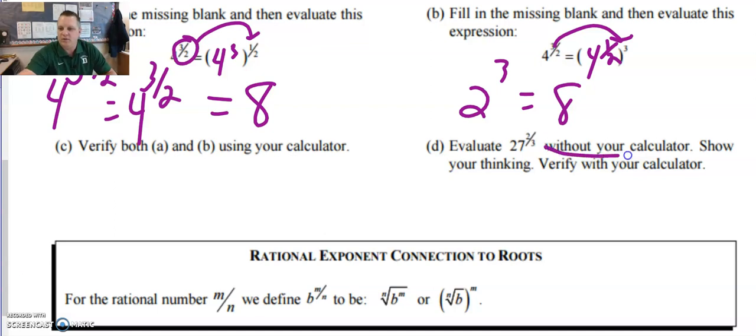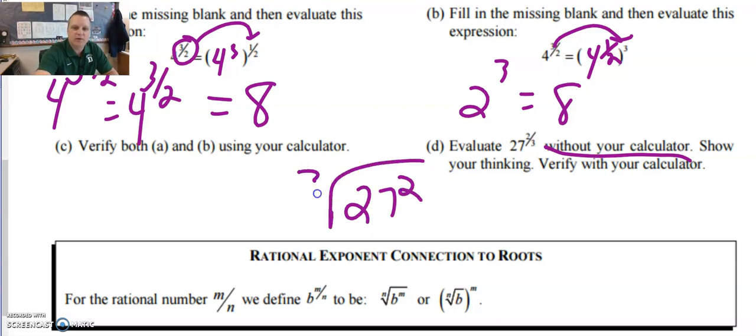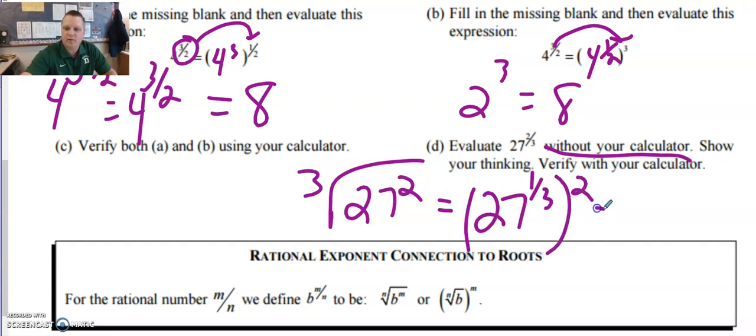Now, again, without using a calculator, you can always use your calculator. Okay? So, if it says without using your calculator, it would be 27 squared, and then you have a cube root. All right? But that can also be written as 27 to the 1/3 power squared.